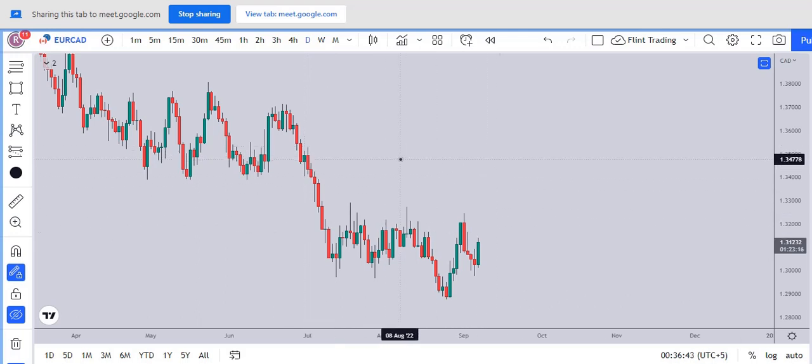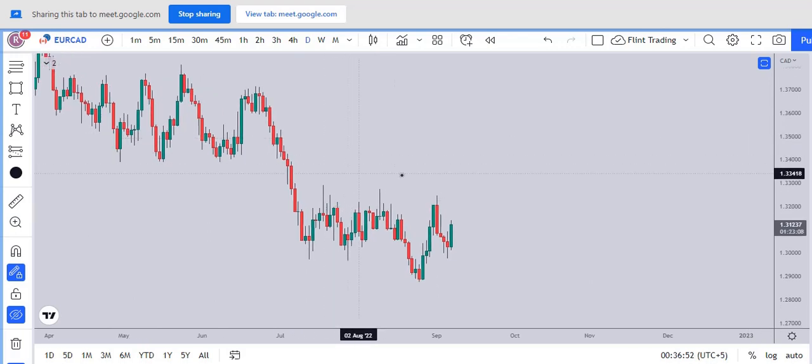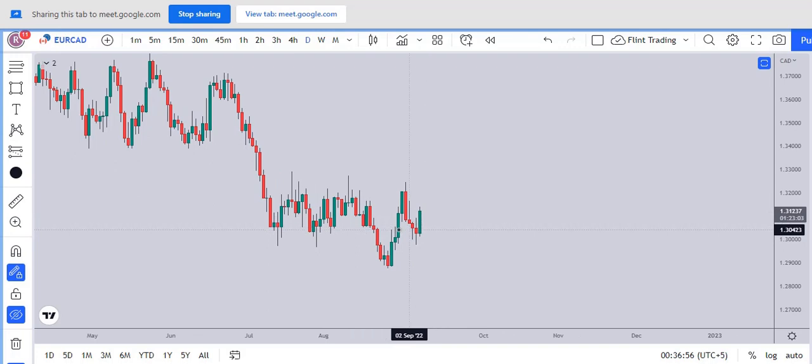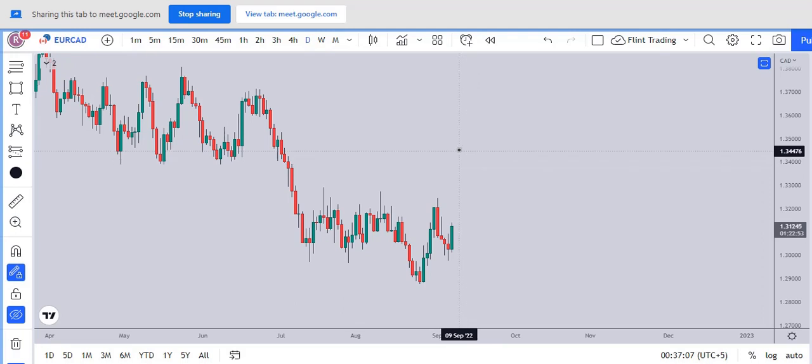Maybe I sent it two weeks ago, I sent another video on EuroCAD, but as I said, I really don't know why I was looking to go downside, because it was a clear accumulation, and for this one, I'm expecting price to tap in this area for the last point of supply right there.